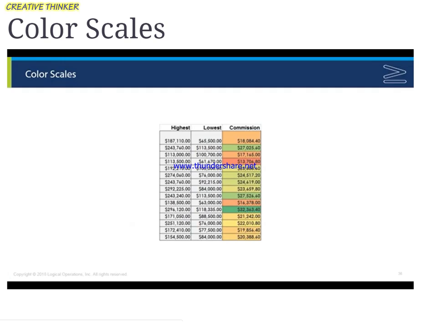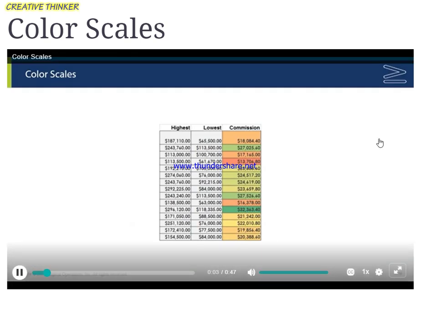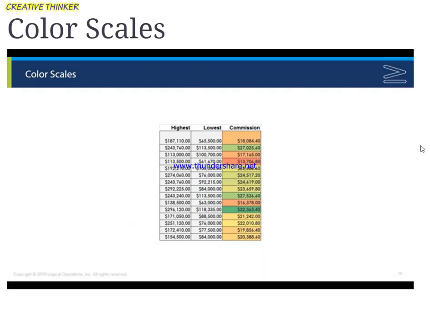Like data bars, color scales are going to give viewers a graphical representation of relative values of the cell data. But in this case, instead of appearing as bars of different lengths, color scales are just going to use different shades. So you pick either 2 or 3 colors, and it uses various shades of those colors.